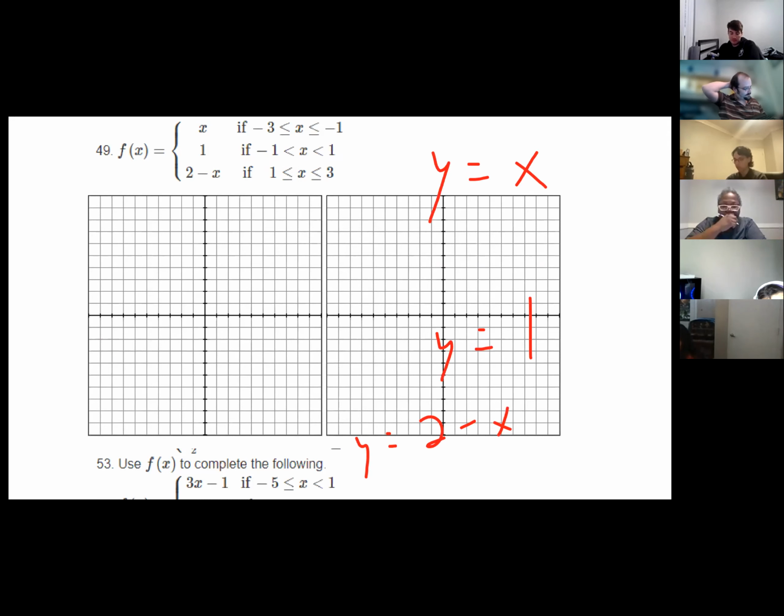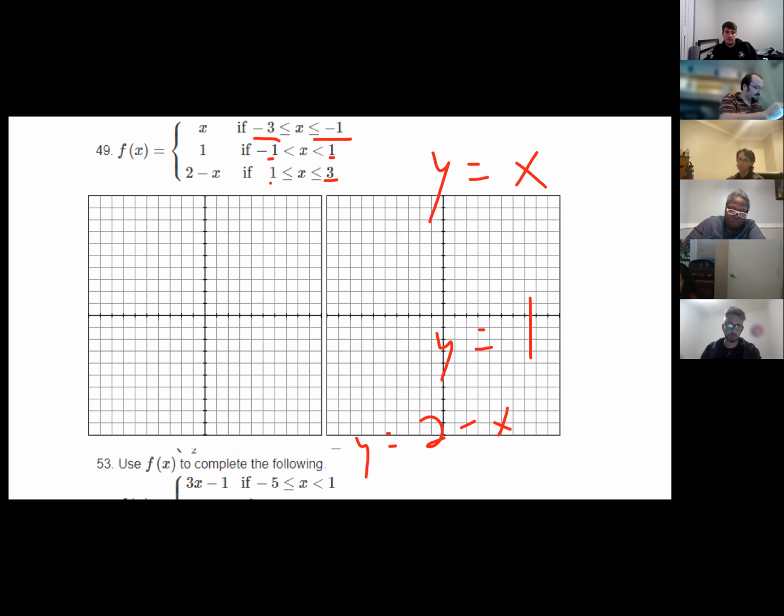And so what are the important things? Where are we splitting this, I guess, is the question. Where are those important points in my domain? -3, -1, 1, and 3.